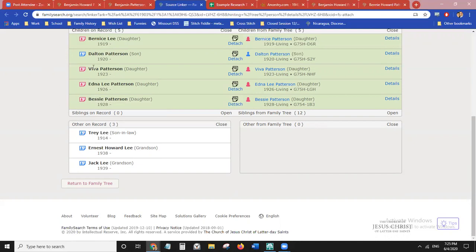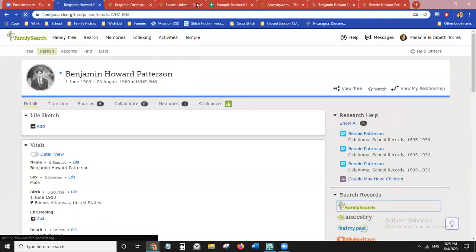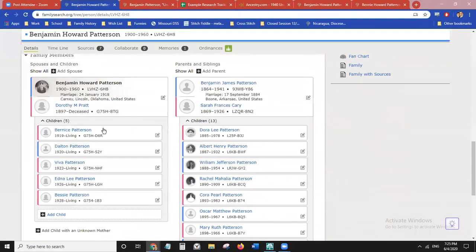Bessie might be a nickname. Viva might be a nickname for Vivian or something. So these are not for sure exactly what their names are, but it is a starting spot. Now when I refresh Benjamin's page, we have his wife and 5 children. So his page is becoming a lot more complete.